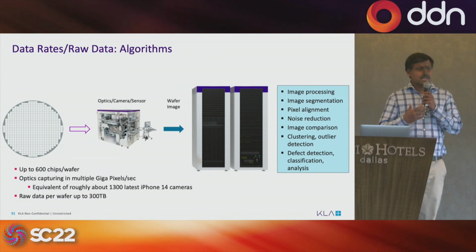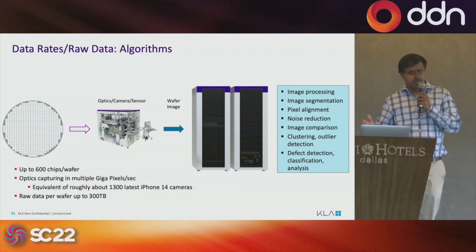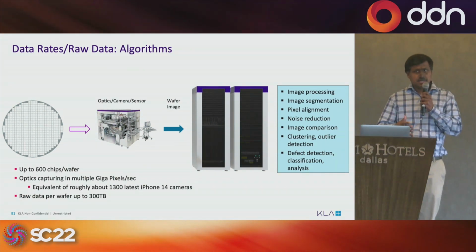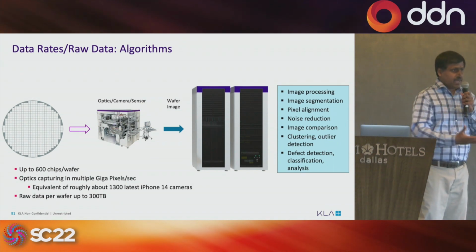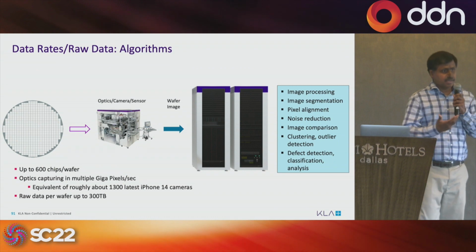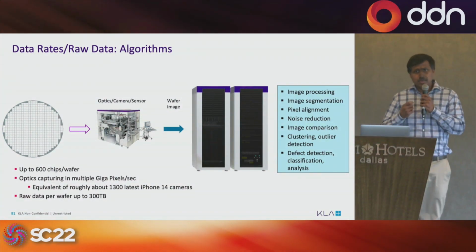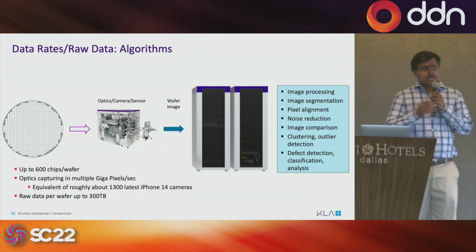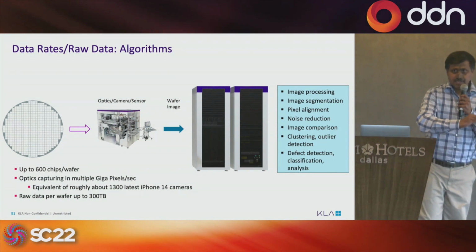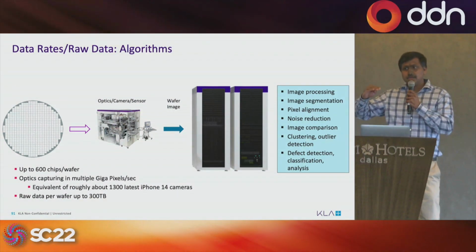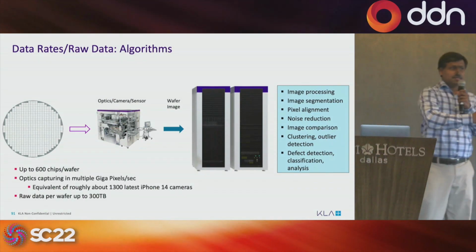That said, we do not try to save all this data for a period of time. These machines are run as stream computers where you get a wafer, you scan it, you find the defects, and discard the data for most of the cases. But we are coming up with new algorithms where we do need previous layer defect information, such that as we are finding new defects at a newer layer, having that old information is useful.